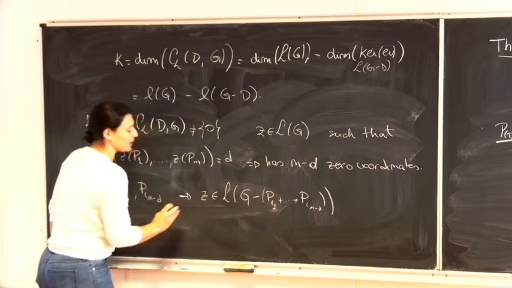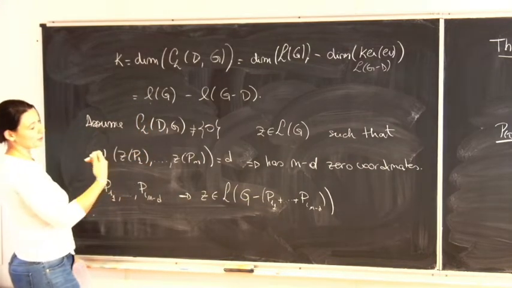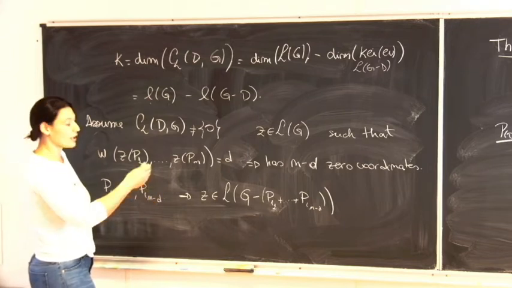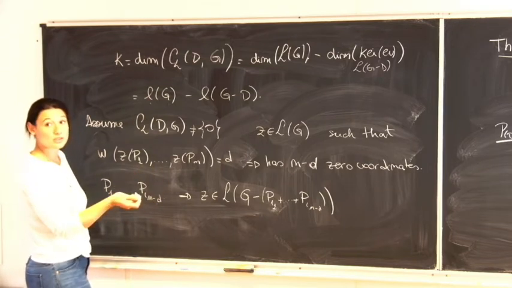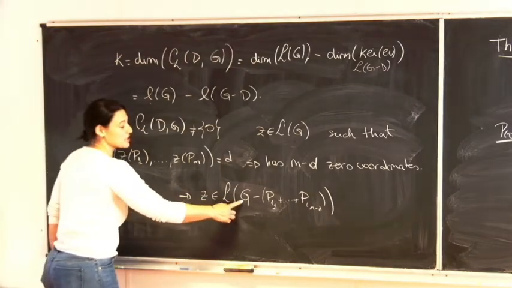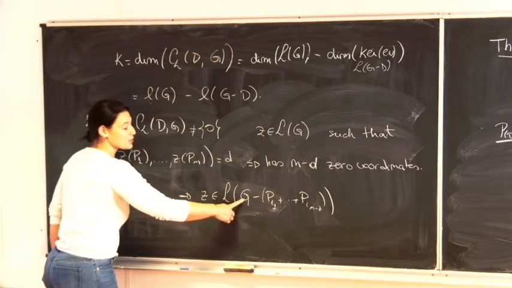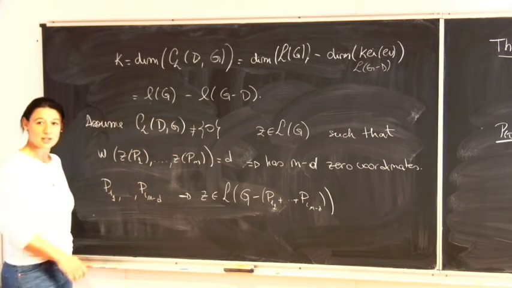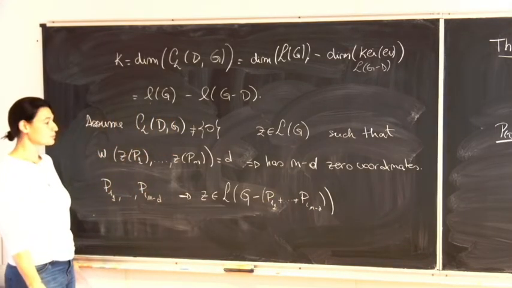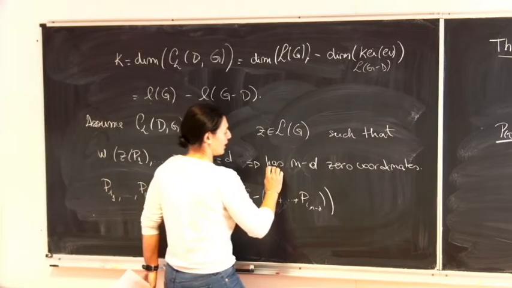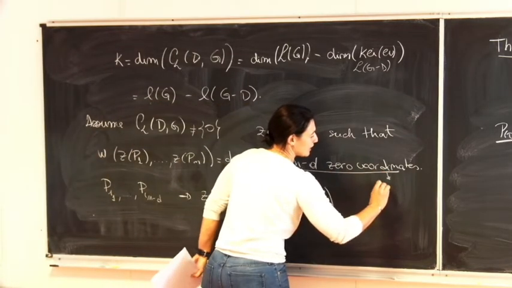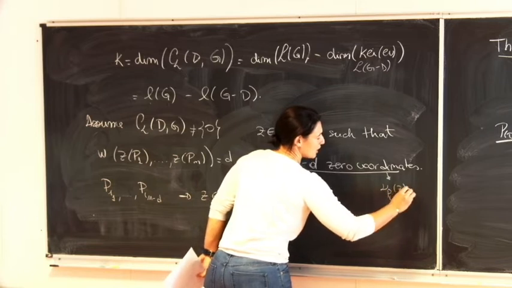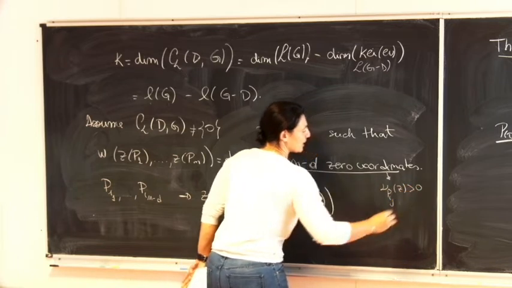If you cannot see it at once, then you can also write the evaluations at a place which is in the support of G and a place which is one of these, and you see that this is actually what we got. Remember that zero coordinates means that the valuation at Pi of Z is bigger than 0.